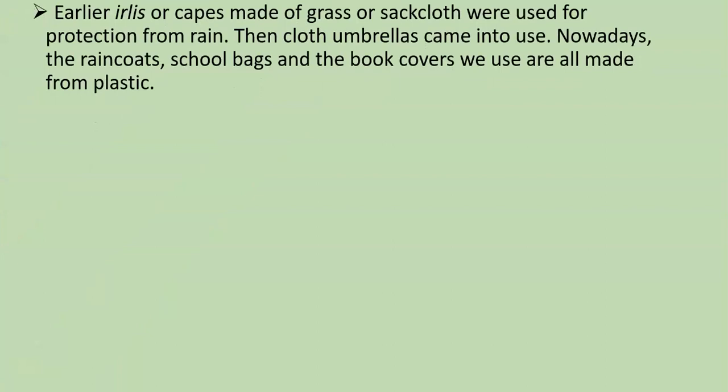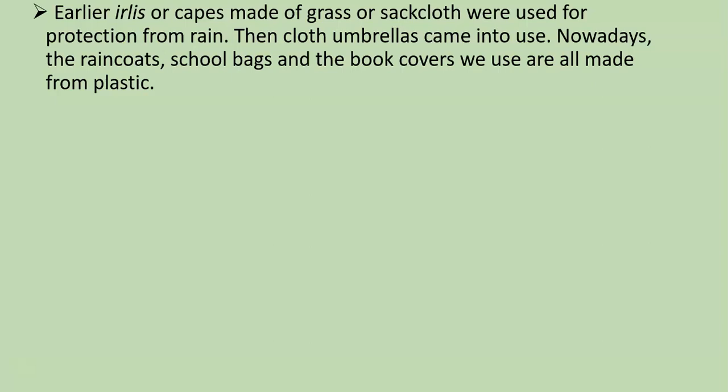Now, earlier, irlis or capes made of grass or sackcloth were used for protection from rain. Then, cloth umbrellas came into use. Nowadays, raincoats, school bags, and book covers we use are all made from plastic.